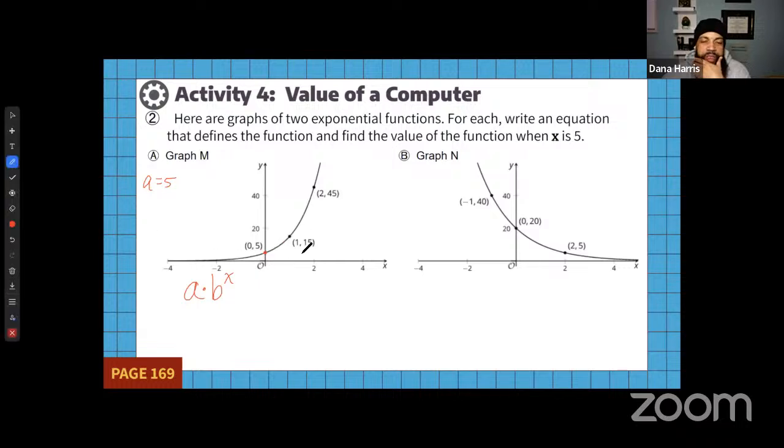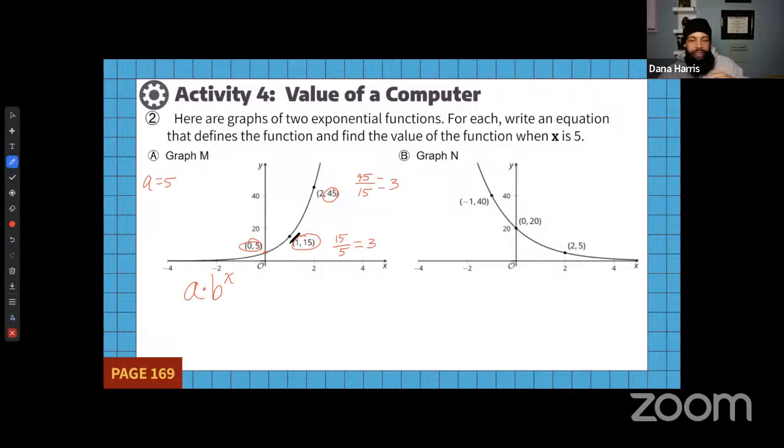Okay, now I've got to find b. In order to find b, I've got to actually do the ratio of 15 over 5, because I'm taking this y value over this y value. And I could also do 45 over 15. So it's taking this y value over this y value. So 45 over 15 is 3. 15 over 5 is 3.